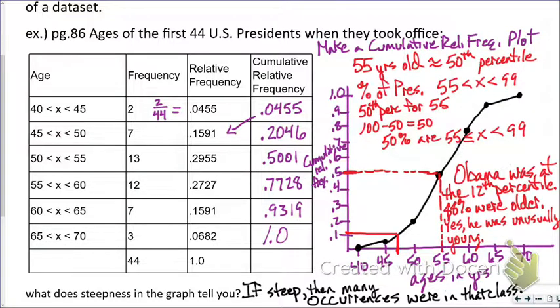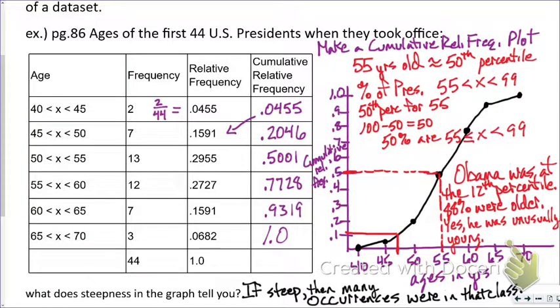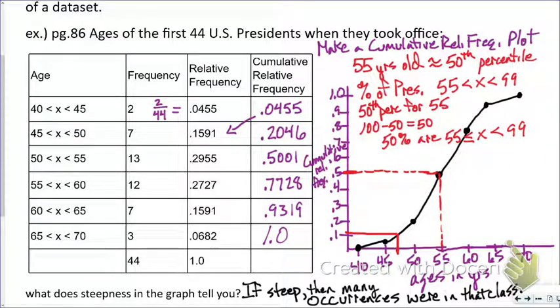Let's look at another. Estimate and interpret the 65th percentile. I'm going to have to erase for this. Just a second. All right, for the 65th percentile, I need to erase a little more. I just noticed I have writing right there.